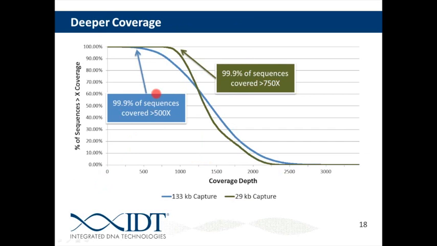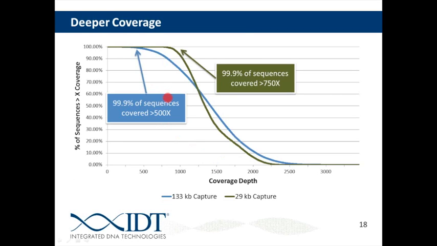Another benefit of xGen lockdown probes is the ability to create very small custom panels. So in this graphic, we have a 133 kb capture and a 29 kb capture sequenced using a HiSeq 2000 49 by 49 base pair read sequencing run. The 133 kb capture had 99.9% of sequences covered at greater than 500x.